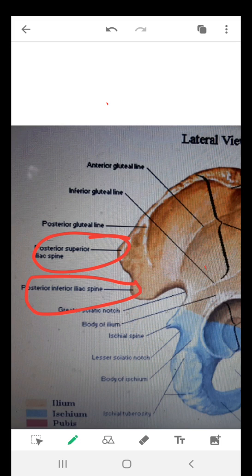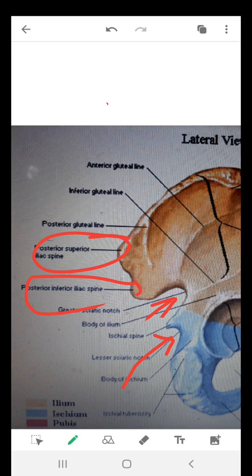Now, look at this. There are two other spaces down here. The space here is called the superior sciatic notch, and this one is called the inferior sciatic notch.